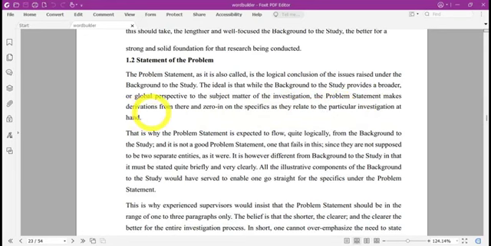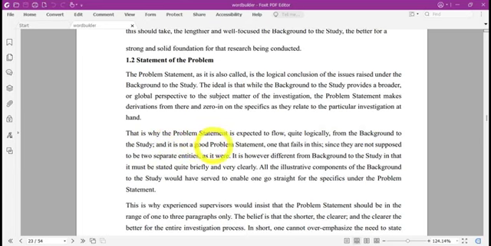So the background gives you a broader view, and then the statement of the problem kind of filters it. It goes to specifics coming out from the whole background. That is why the problem statement is expected to flow quite logically from the background to the study. It's taken out from the background to the study.